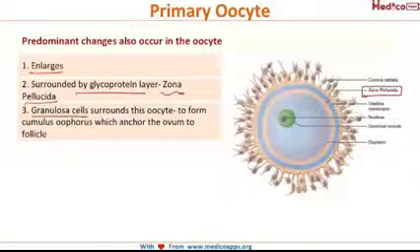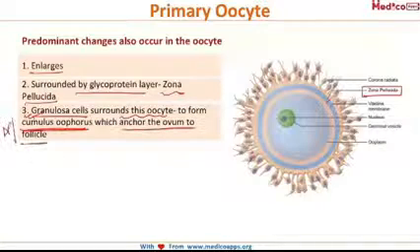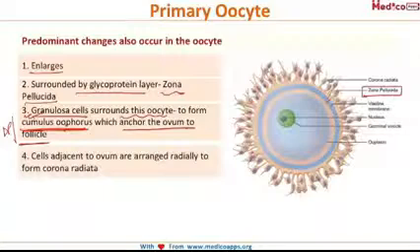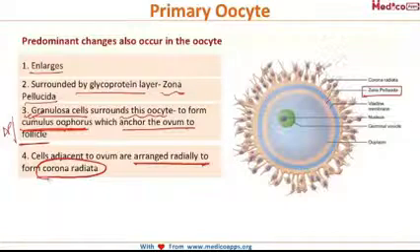Then we discussed that the granulosa cells come and surround this oocyte to form cumulus oophorus or the discus proligerous, and this basically anchors the ovum to the wall of the follicle. And among this cumulus oophorus, the cells which are adjacent to the ovum, just near to the ovum, are arranged radially to form the corona radiata. You can see here, these are the cells which are arranged radially and they are called corona radiata.